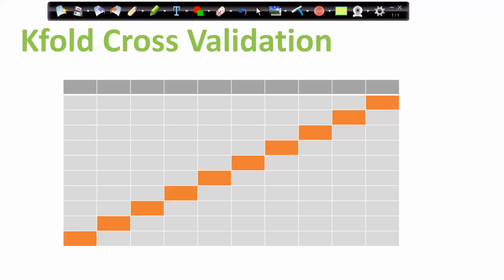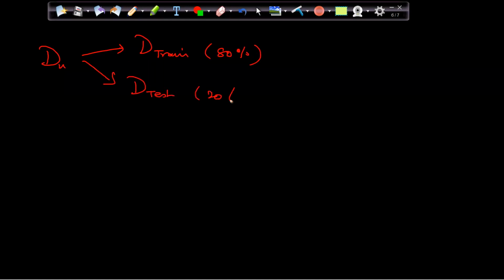That table is very big, so let me create a small table. DN was there. I split the data into D train, which consists of 80% of the records, and D test, which consists of 20% of the records.